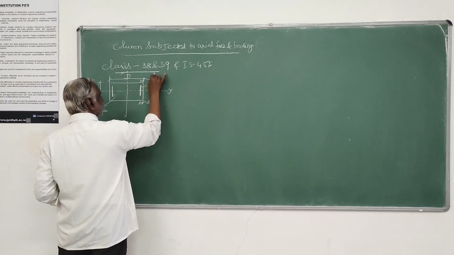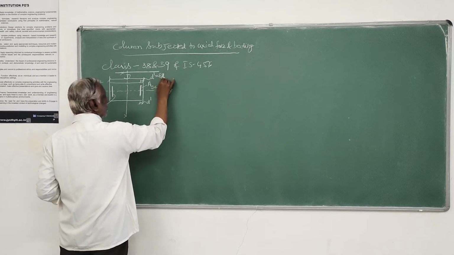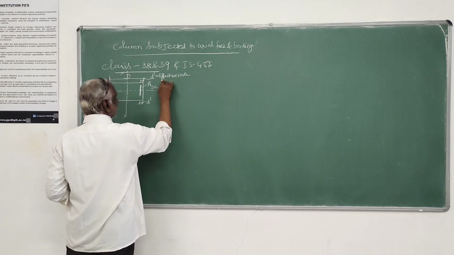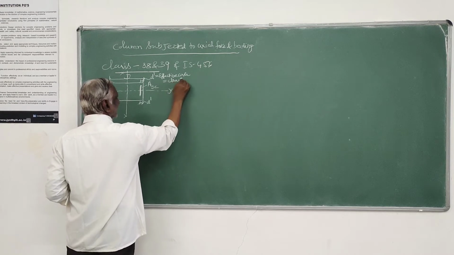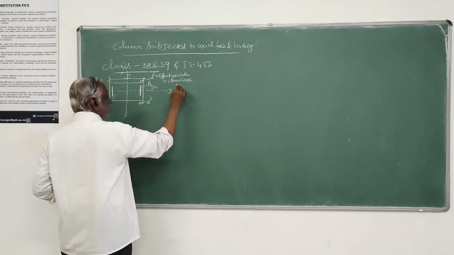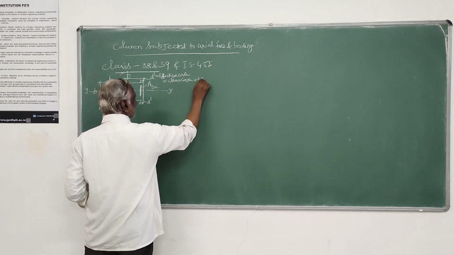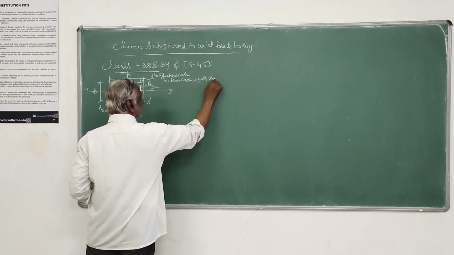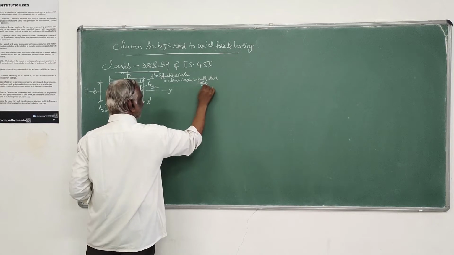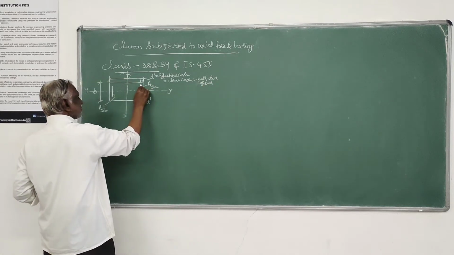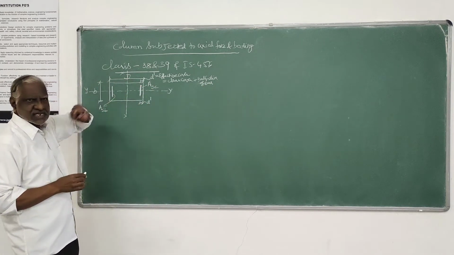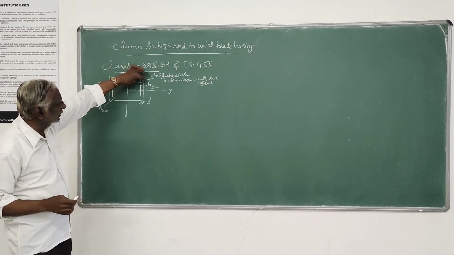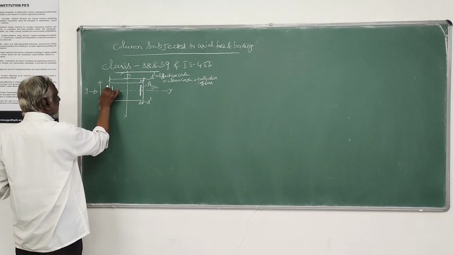This d dash is called effective cover, that is clear cover plus half the diameter of the bar, that is, the center of the first bar close to the extreme edge, from the center to the edge in both directions.